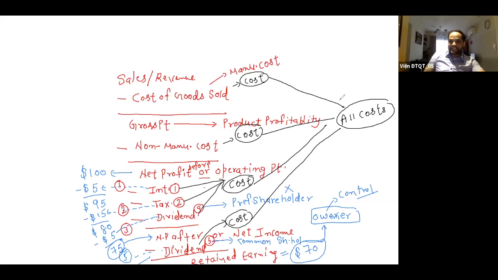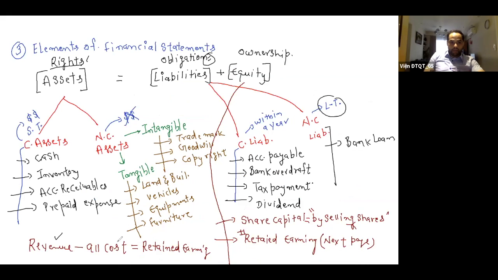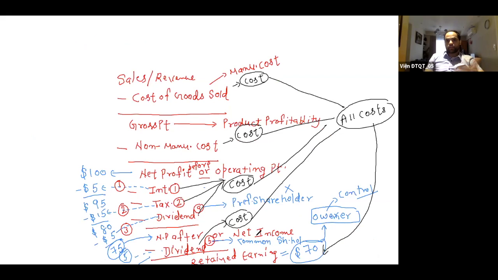So sales minus all kinds of cost is called retained earning. Revenue minus all kinds of cost is called retained earning. This is the way to understand how we find the retained earning. Retained earning means something left after paying everything. If something is left, that belongs to the owner of the company. That's the meaning of retained earning.